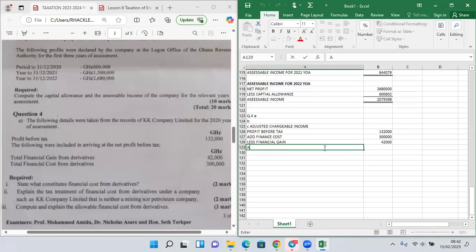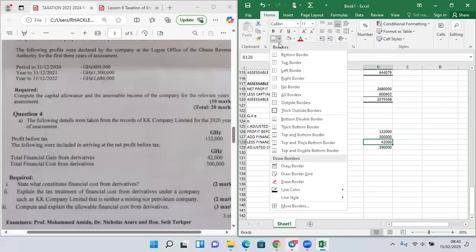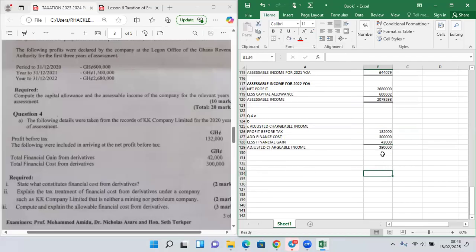So adjusted chargeable income would be equal to this plus we add finance cost minus finance gain. Right.